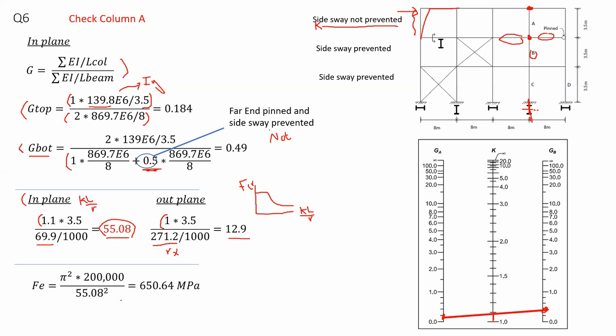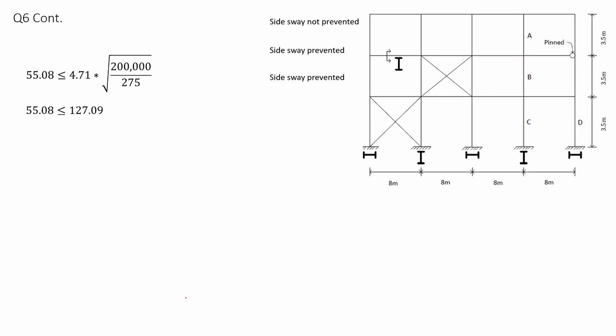But first, I calculate Fe now. Fe is equal to pi squared multiplied by the modulus of elasticity for the steel and divided by KL over r squared. Now, from here, Fe appears to be 650.64 megapascal. After that, we carry on and check for the slenderness.